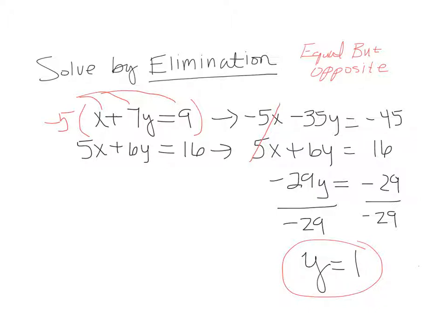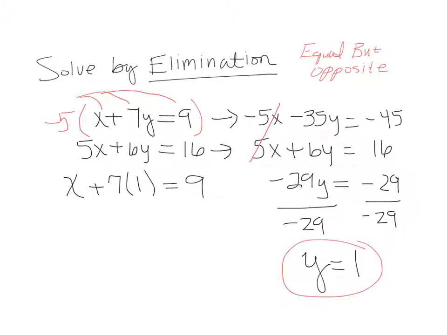And now that I know what y equals, I'm going to take that and plug it into one of the original equations and solve for x. So let me go ahead and do that. I'm using the very first equation here: x plus 7 times y, which is 1, equals 9.